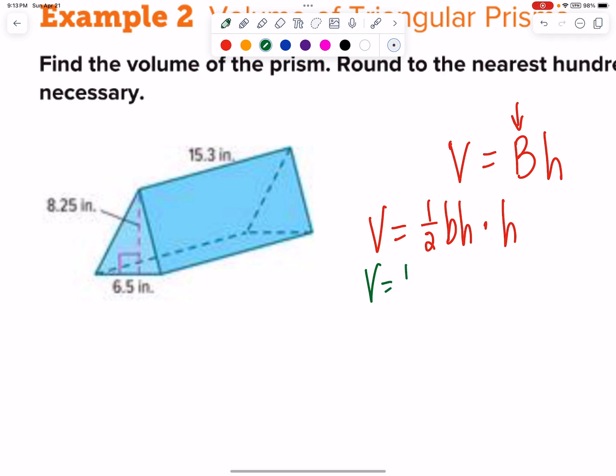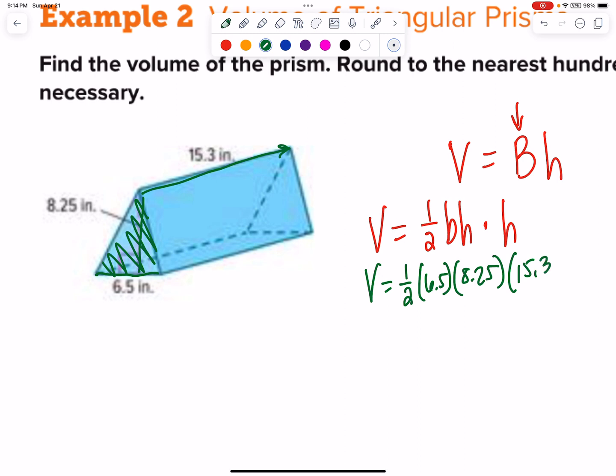So we have 1/2. The base is 6.5. And the height of the triangle is 8.25. And then we're going to find that area and multiply it by that distance of 15.3. If you can try to process it like that in your head, then you'll be okay.